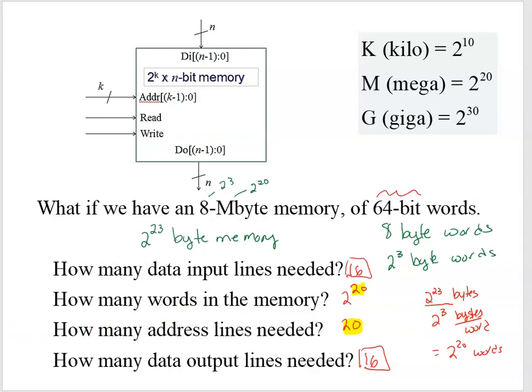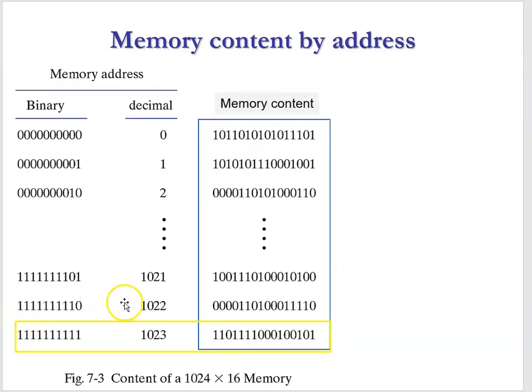All right, so if we look at just the content as an example, if we're looking at contents of memory, I said we can think of it as an array. So if we have this 1 kilobyte memory, we have addresses between 0 and 1023. Each of these are the contents of memory. So at address 0, we have this array of 16 bits, right?